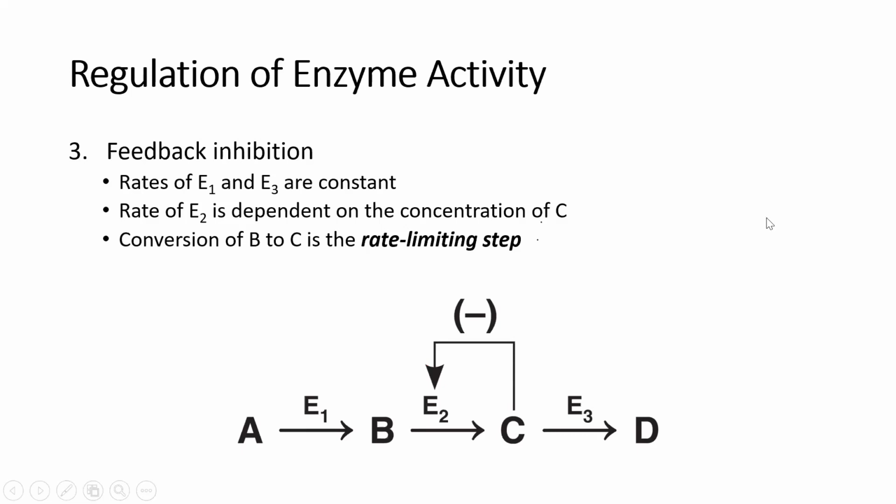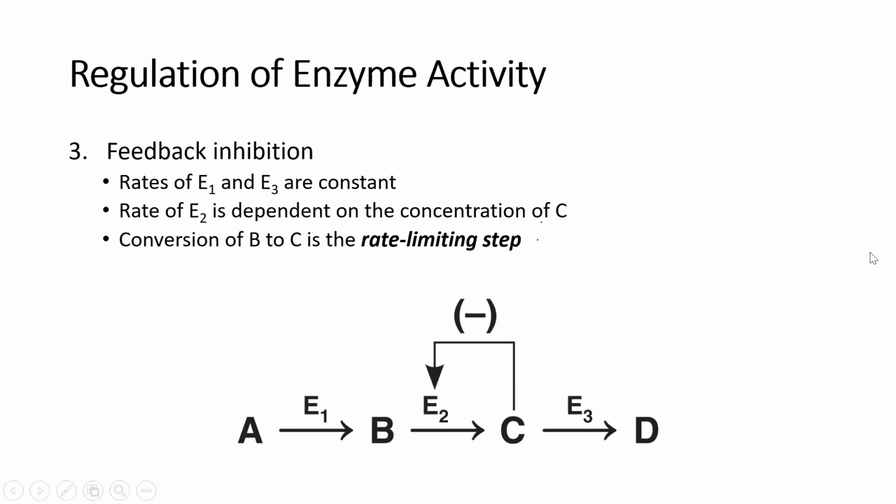The third mechanism is called feedback inhibition. This is where the rate of an enzyme is modulated depending on the concentration of a substrate that is upstream in the reaction.